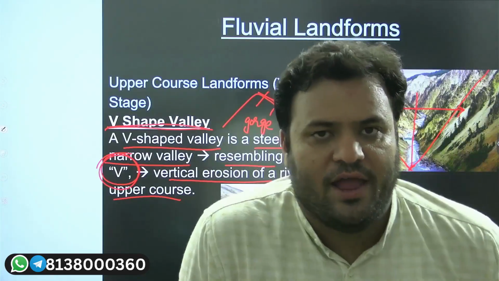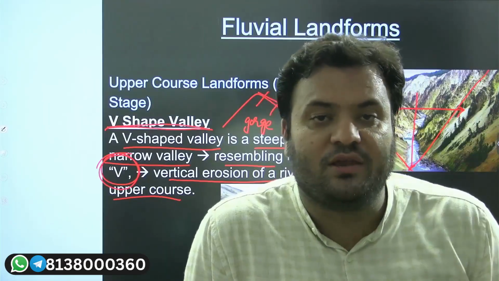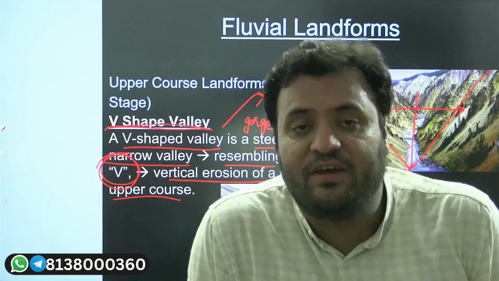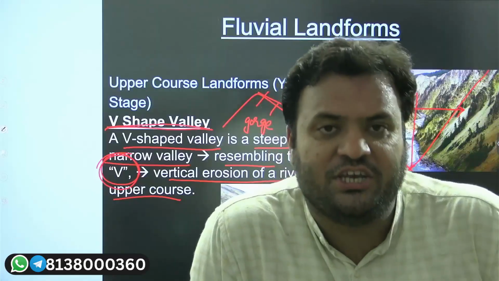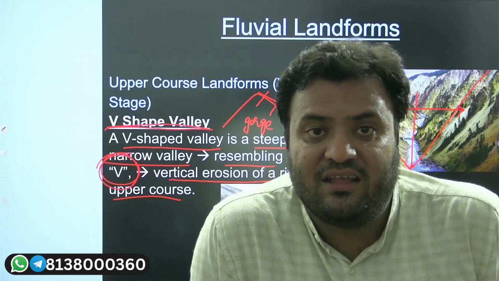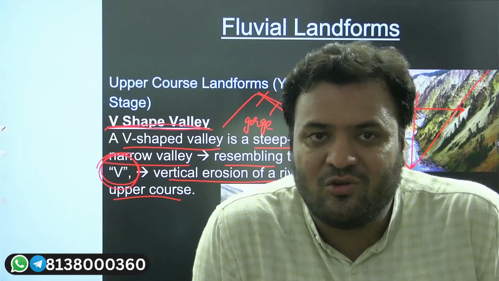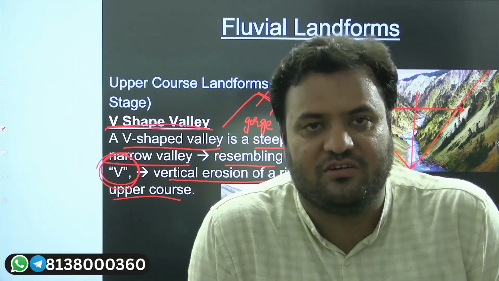Okay, I hope now you can relate it. So when you think conceptually, there is no need to remember the things. However, when it comes to the nomenclature, what is a gorge, what is a V-shape, that you have to remember. But if you have clarity about what processes would be there, and you relate it with slope, kinetic energy, vertical down cutting, then it is very easy to remember features.